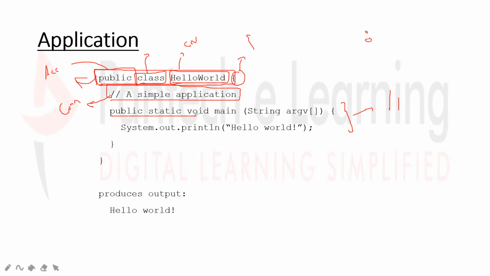Using this, the compiler is going to read the things. The next one, System.out.println. The println is a new line printing statement.